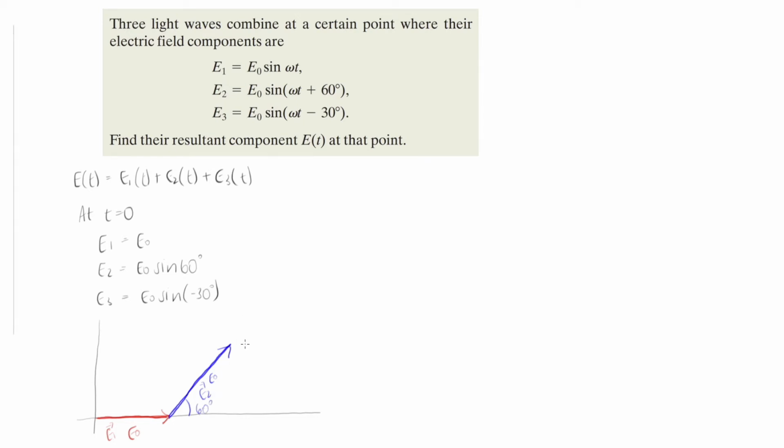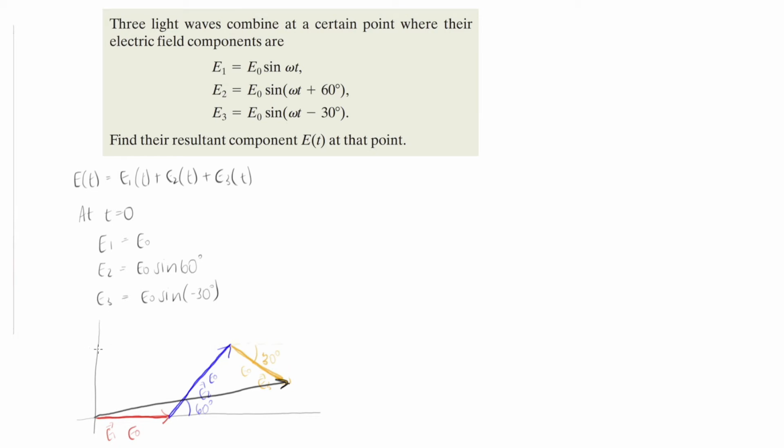And finally, our third vector, E3, is at an angle of negative 30 degrees. So it's going to do something like this. Remember, we have to add them all head to tail. So this has a length of E0, it is E3, and this angle here is 30 degrees. Okay, cool. So our resultant vector then is going to look something like this.